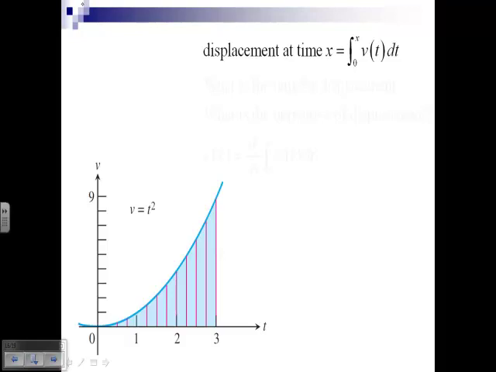Using FNINT on your calculator, can you calculate what this would be at time 2? Can you calculate at time 2 how much I've moved? Eight-thirds.